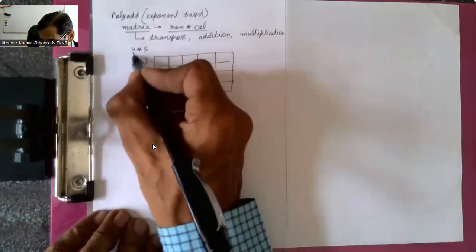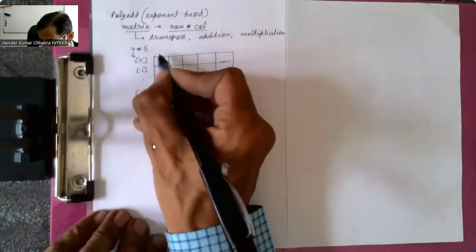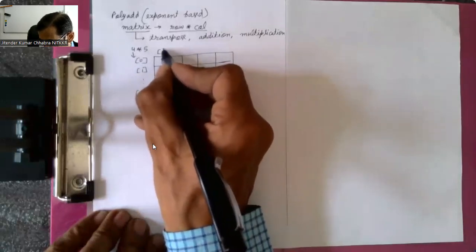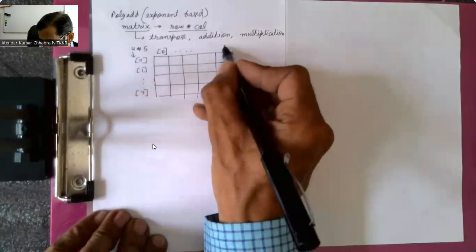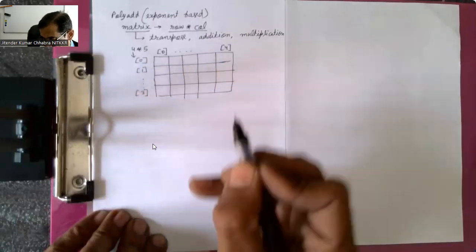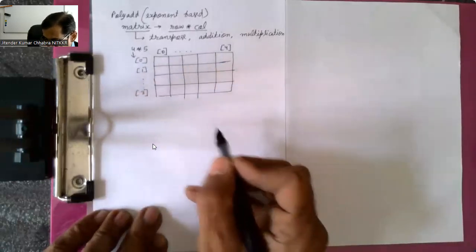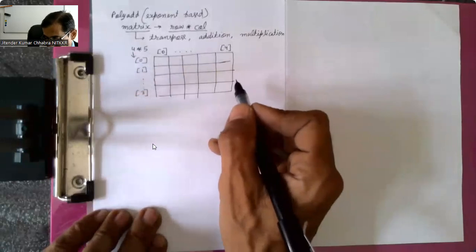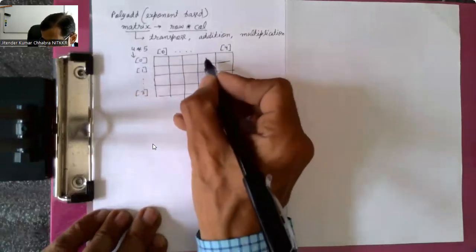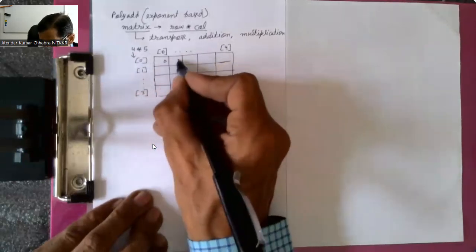So effectively there are 4 rows, 0 to 3, and 5 columns, 0 to 4. And we have certain values which will be operated on. Let's assume this matrix is something like this.